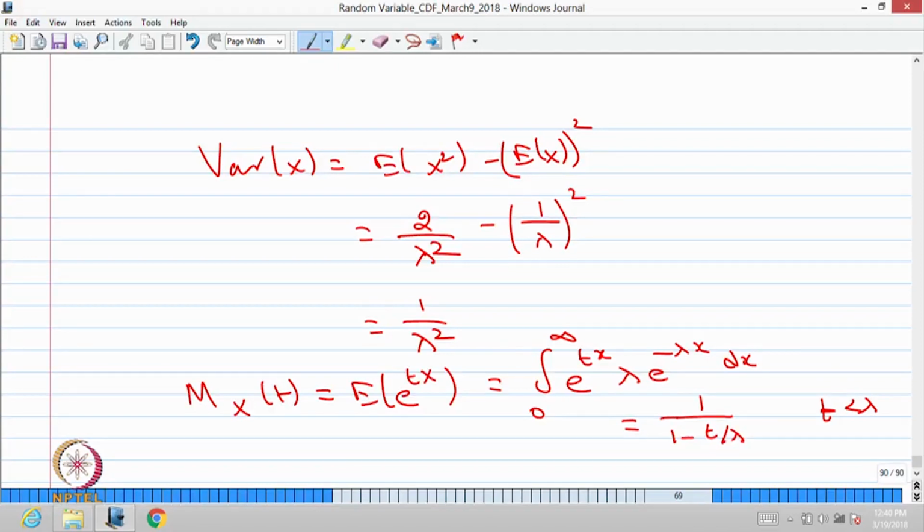So, the MGF exists on the interval from minus infinity to lambda, with this value, where lambda is strictly greater than 0. Since you know the MGF, you can always get the characteristic function by replacing t by i times t.